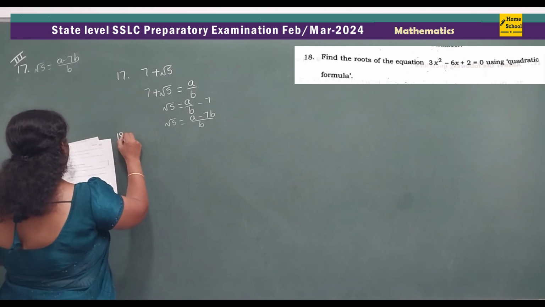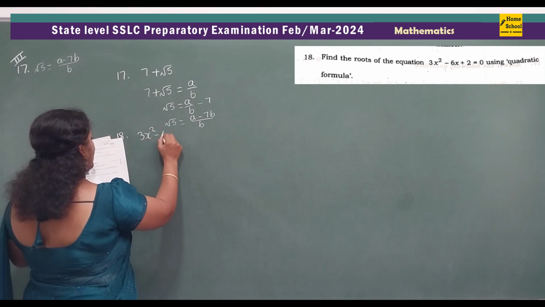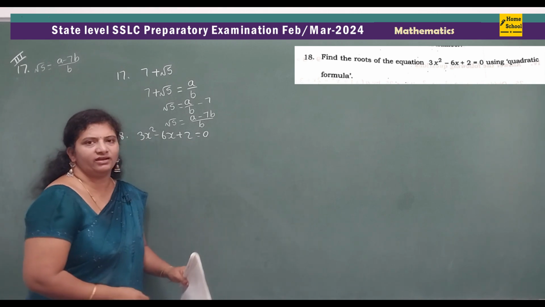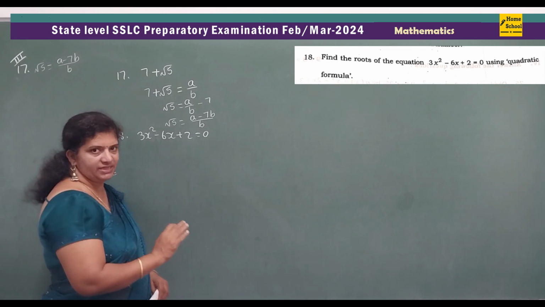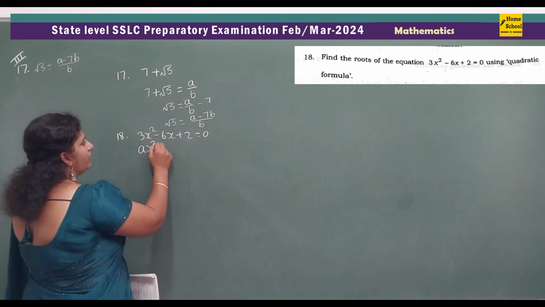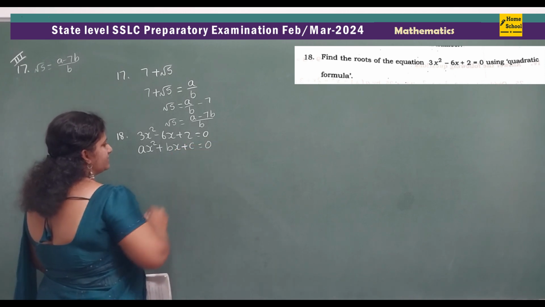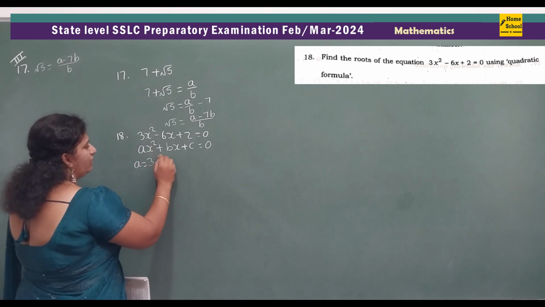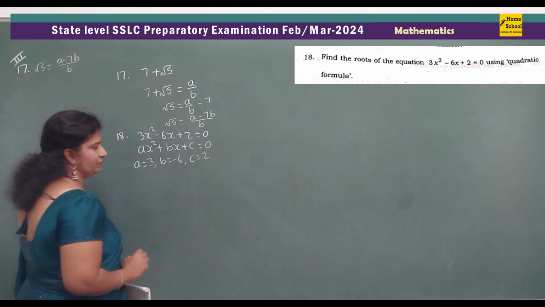18th one, find the roots of the equation 3x square minus 6x plus 2 equal to 0 using quadratic formula. 3x square minus 6x plus 2 equal to 0. First compare this equation with the standard form, Ax square plus bx plus c equal to 0. Compare. A value is 3, b value is minus 6, c value is 2.